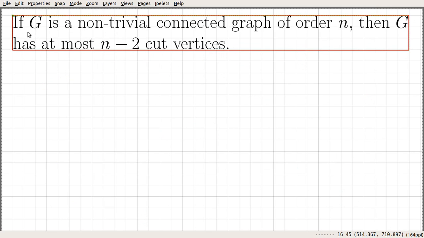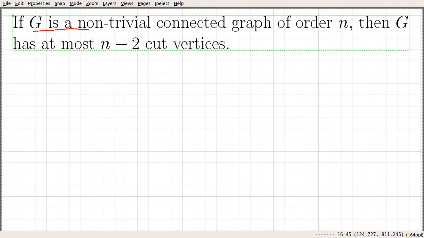It says if G is a non-trivial connected graph of order n, then G has at most n minus 2 cut vertices. This is an upper bound on the number of cut vertices in any connected graph.